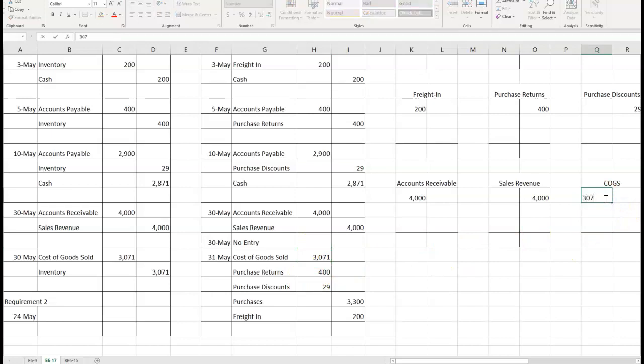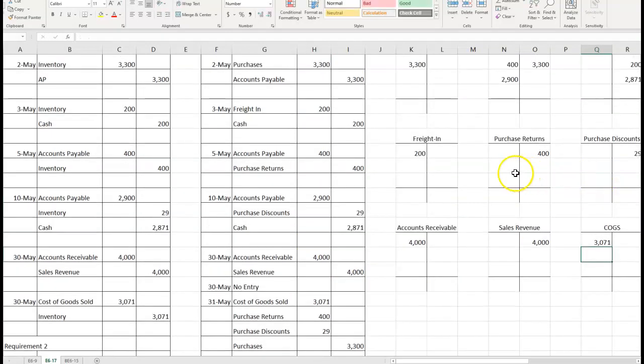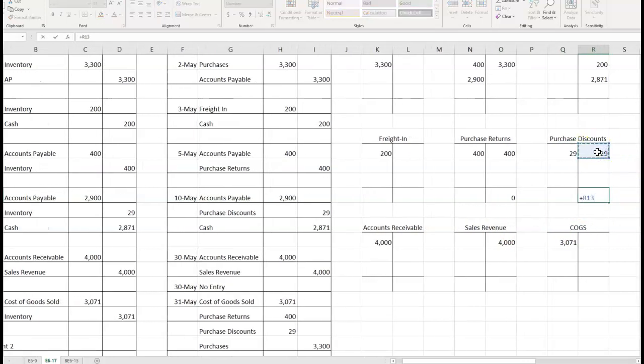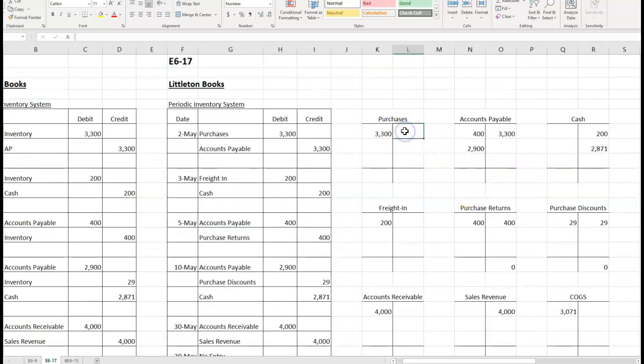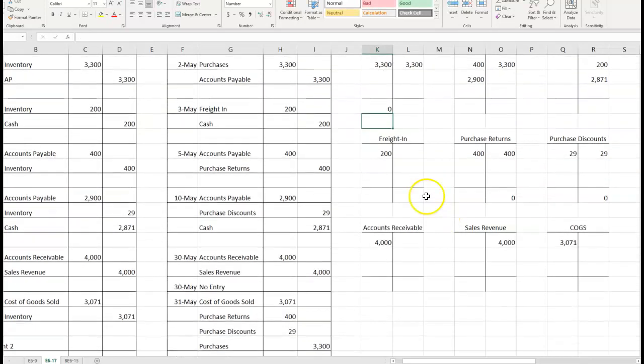Cost of goods sold, 3,071. Purchase returns, 400. This makes this balance 0. Purchase discounts, debit 29. That makes this balance 0. Purchases, credit 3,300. That makes this account 0.